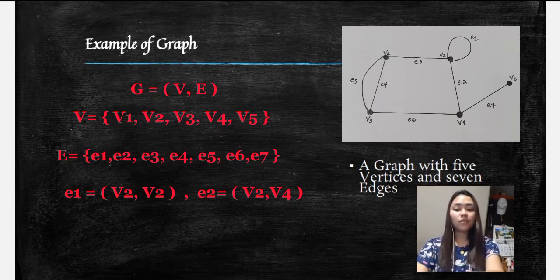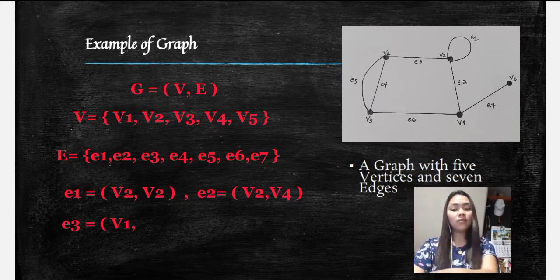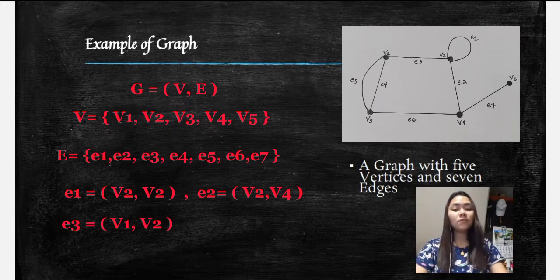Edge e3 lies between vertices v1 and v2. When we observe edges e4 and e5, both edges are identified by vertices v1 and v3.